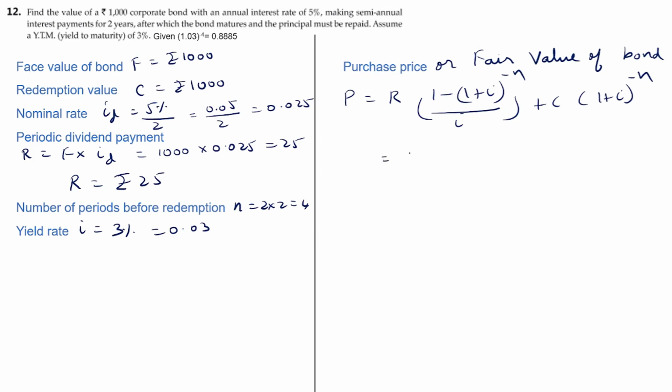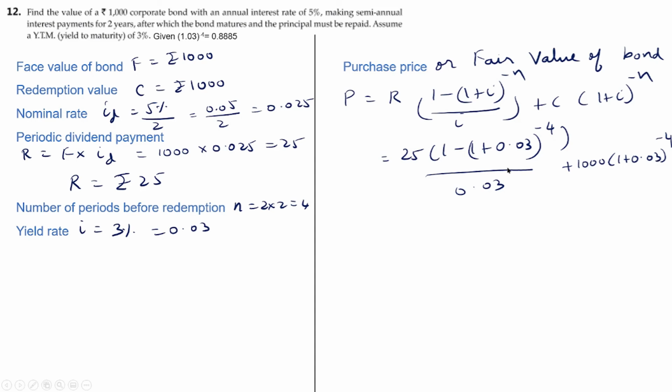So here R we have got as 25 into (1 minus (1 plus 0.03) the whole raised to minus 4) upon 0.03, plus C is 1000 into (1 plus 0.03) the whole raised to minus 4. Here 1.03 the whole raised to minus 4 is 0.8885.